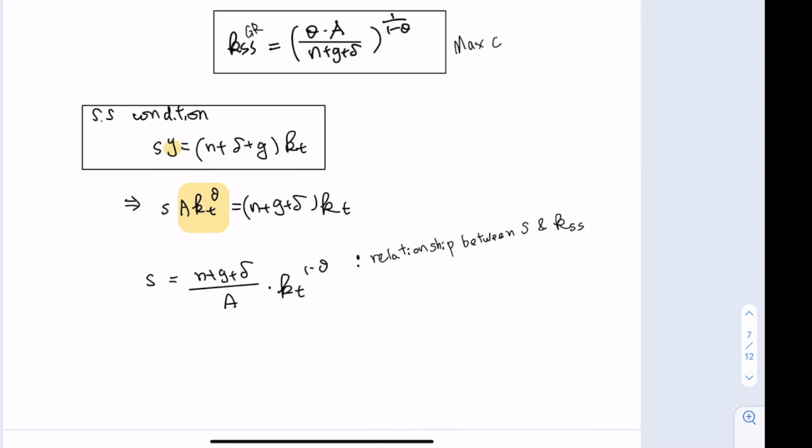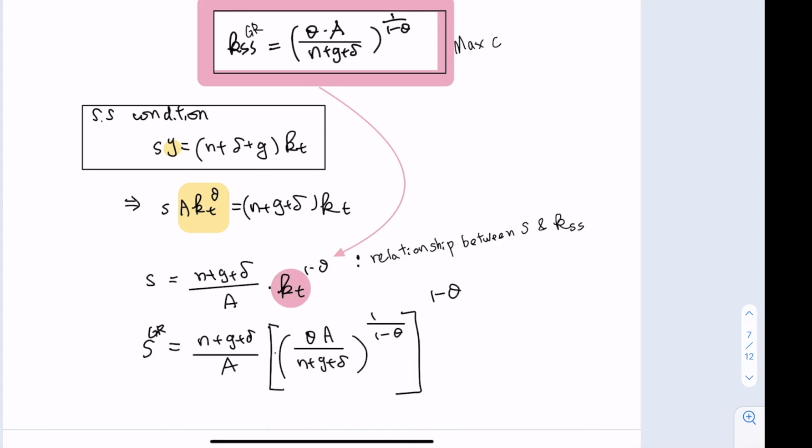Given that we know the capital stock that maximizes the consumption is the golden rule capital stock, we can plug this result into this equation, and then we are going to have the golden rule saving rate.